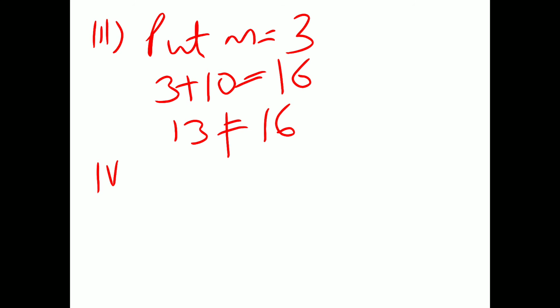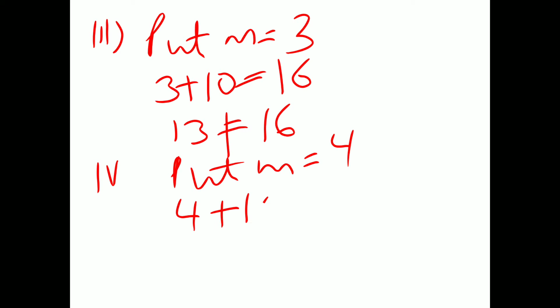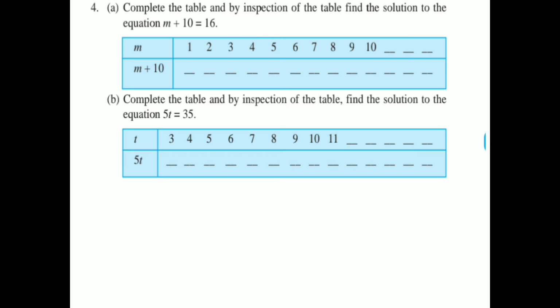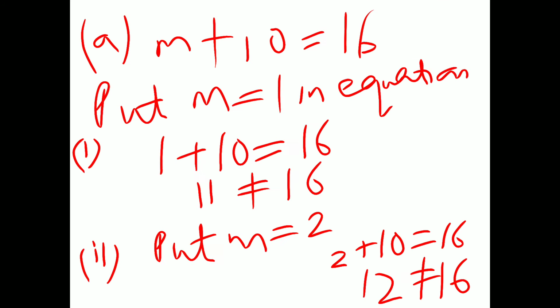Now we put m is equal to 4. 4 plus 10 should be equal to 60. No, it is not equal. Clear? You can put the values in the box also if you wish. I have put the values of 1, 2, 3, 4. Now I am putting 5 and then 6.